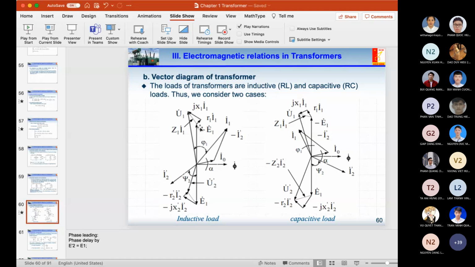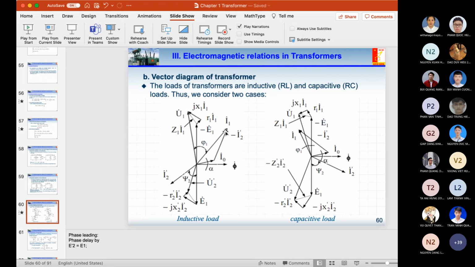Now you can see E1 is equal to minus E1 plus I1 R1 plus j X1 I1. You can see the direction of I1, and we already have I1 here.